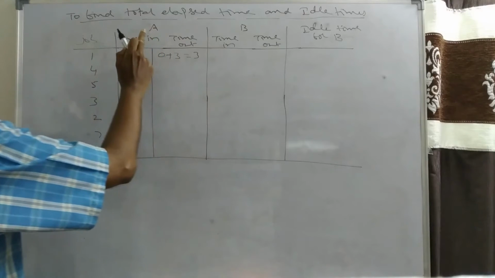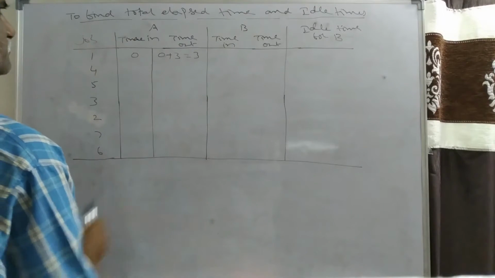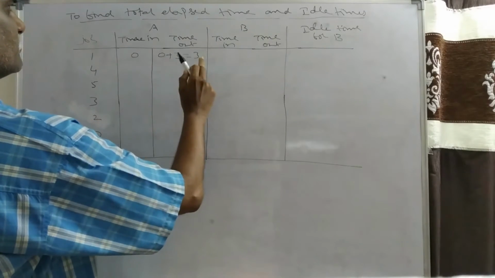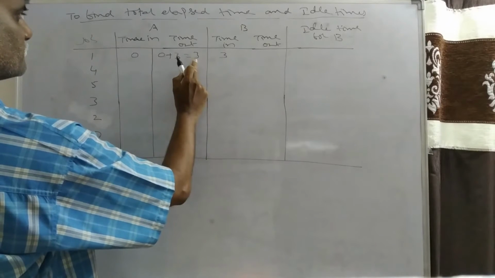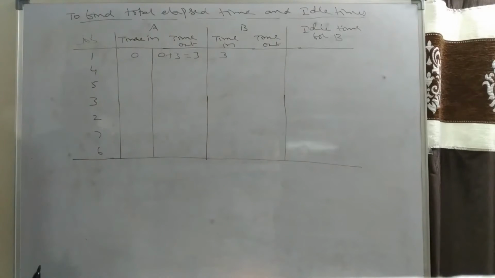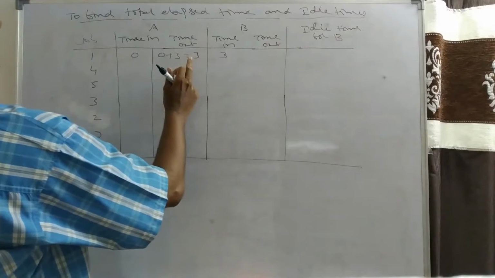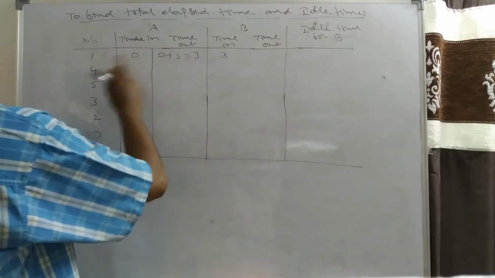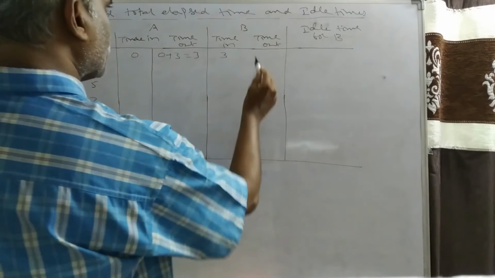So after completion of job 1 on A, it goes through mission B. After completion of job 1 on mission A, immediately it goes to mission B. So timing on mission B is the same as time out on mission A. So this timing is 3.